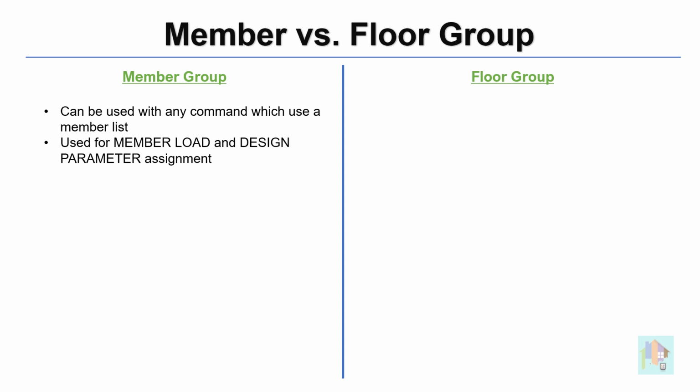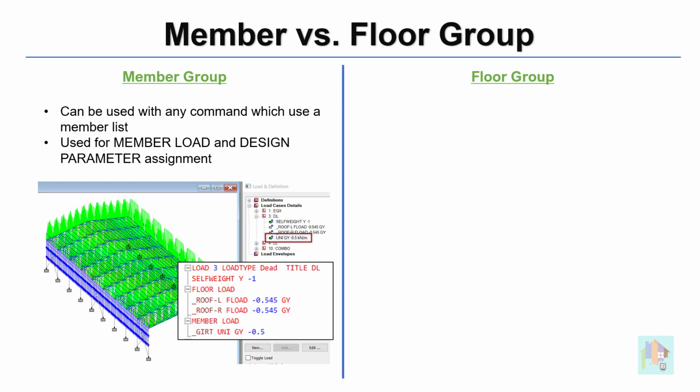Apart from the UI assignment, we can easily open the input editor and specify the member group name in place of member list. Program will assign the load or parameter to all the members which are listed under that member group.